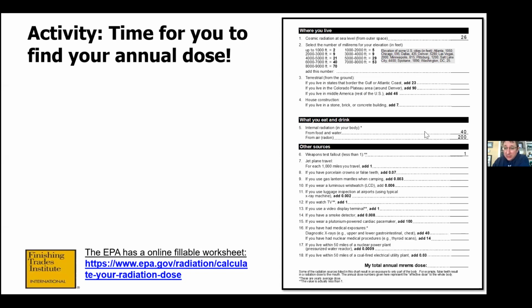Internal radiation was a fixed value. Weapons test fallout, we all get to add something for that. Jet plane travel, so for each 1,000 miles you travel, add 1. So if you do a lot of flying, you can see that could add up quite quickly. Porcelain crowns or false teeth, gas lantern mantles when camping. Remember I mentioned those yesterday.